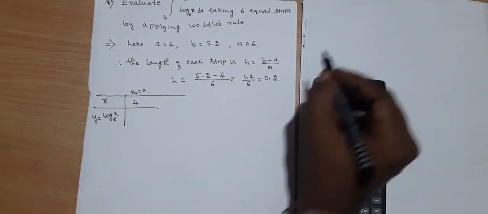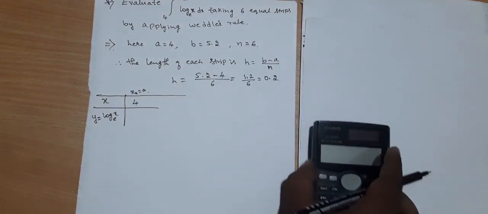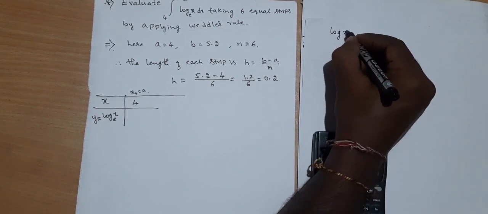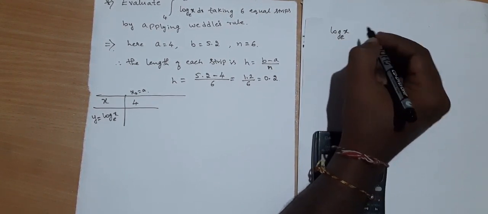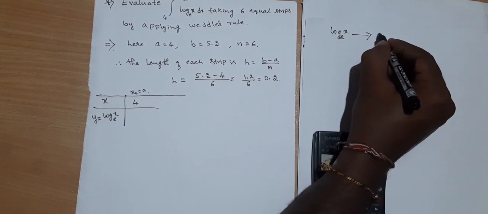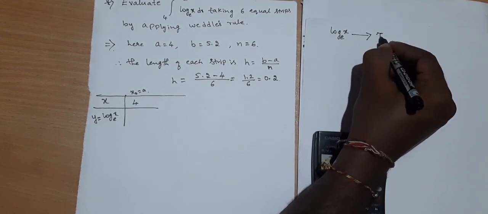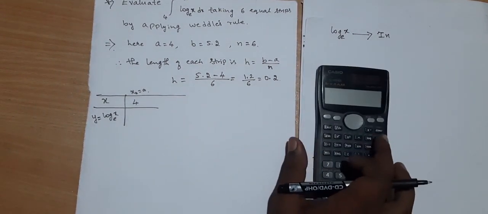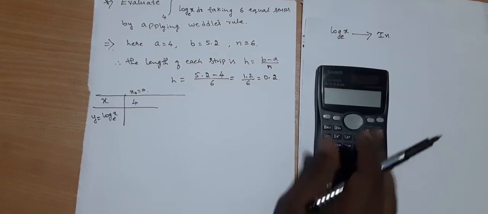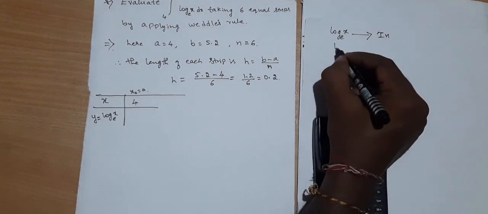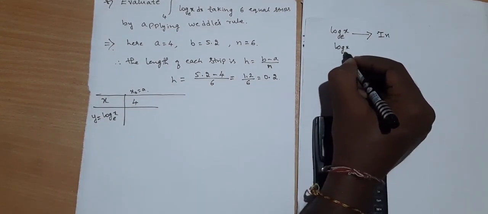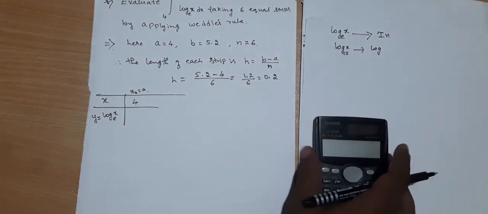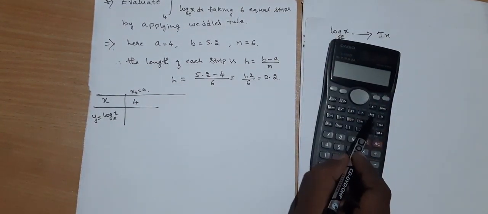In calculator, one point to note is that when you have log x base e, you have to use ln. When you have log x base 10, you have to use the normal log in calculator.